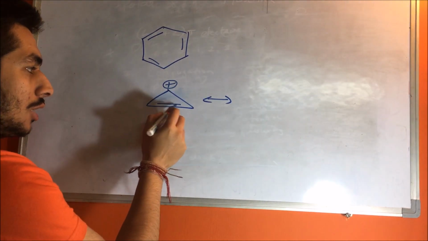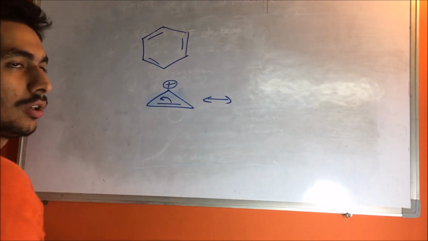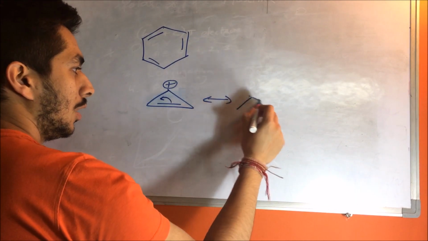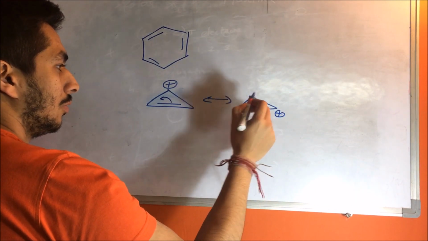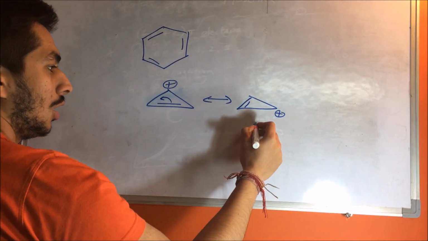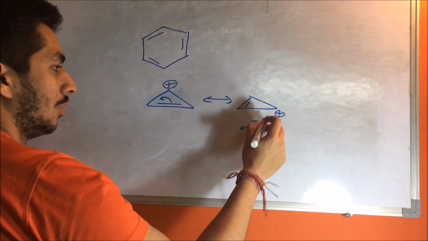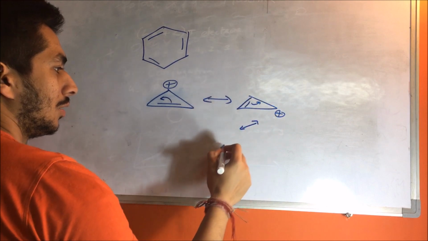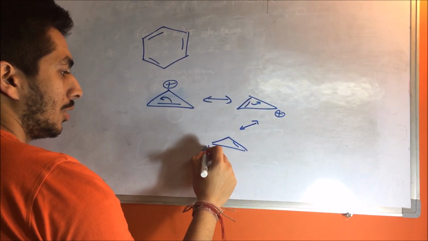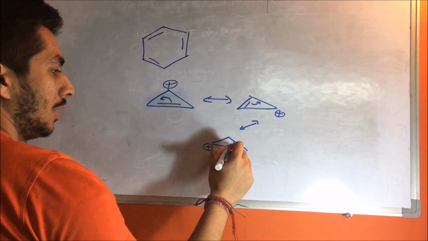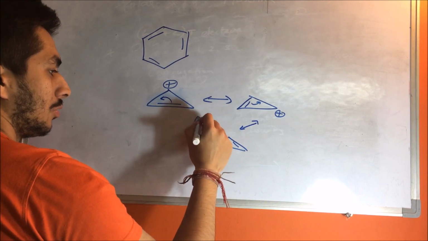So this double bond can be shifted over here, and we generate a positive charge over here. Then if you draw another resonating structure, this double bond migrates like this, you have a double bond over here, positive charge over here, and then again you get back the same structure.